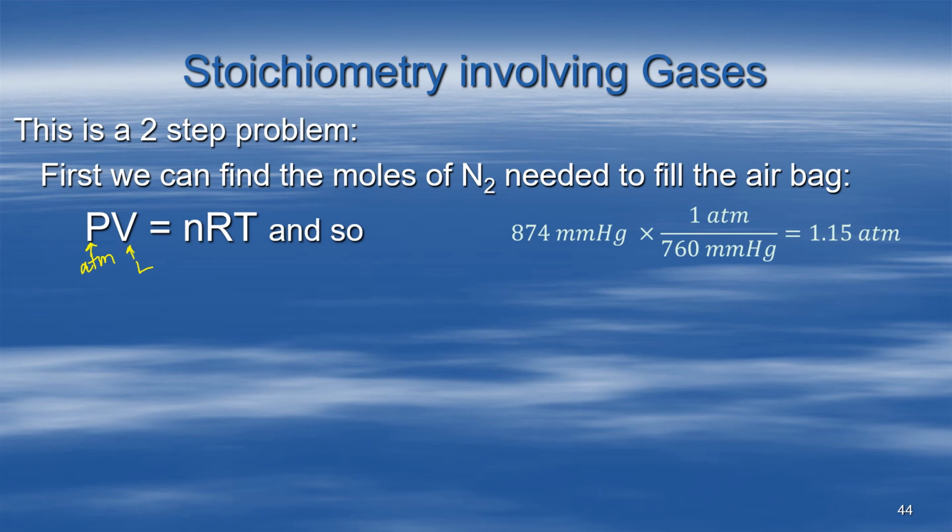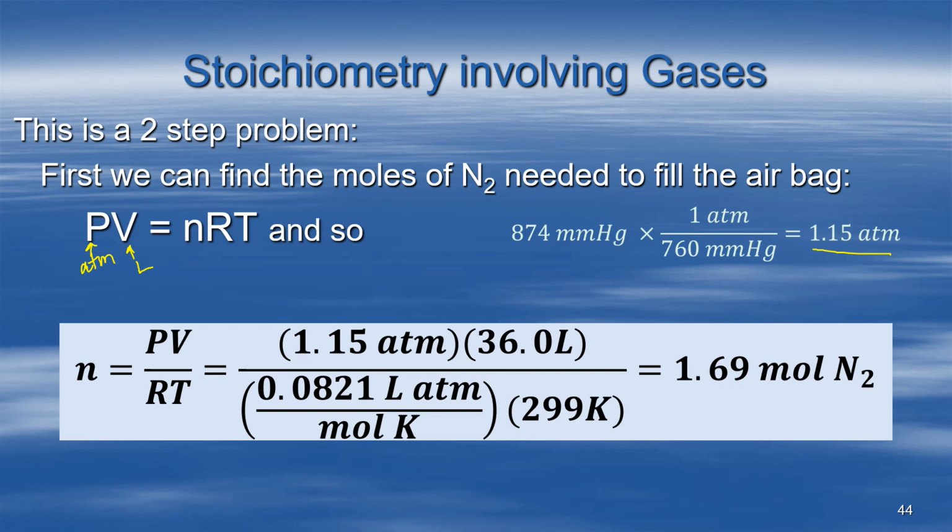But first, we have to convert millimeters of mercury to atmospheres. So 1.15 atmospheres. And we also know 26 degrees plus 273 gives us 299 Kelvin. So temperature, 299.